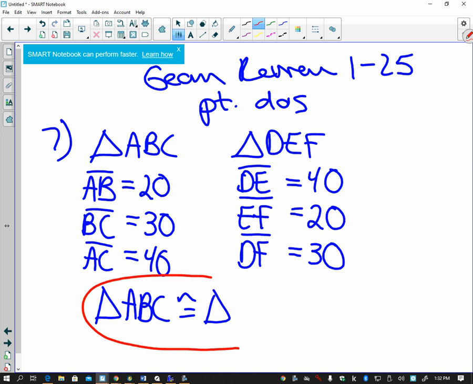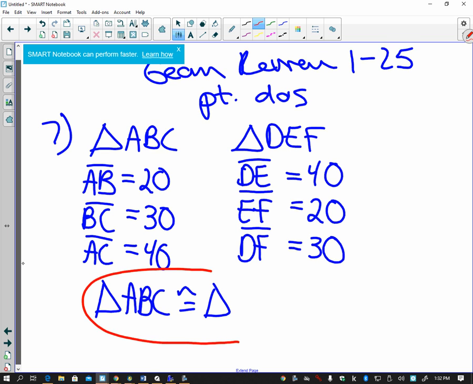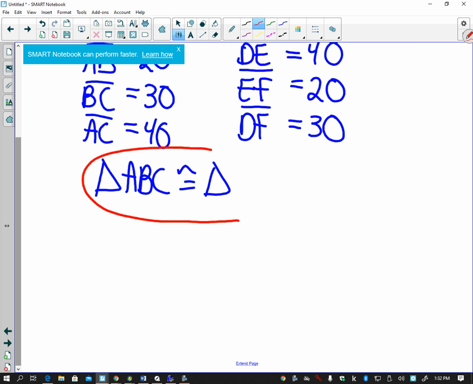So what should I do here? Because I think you guys have already caught on that it's probably not triangle DEF. So what can I do to help myself out and make sure I don't make a mistake?